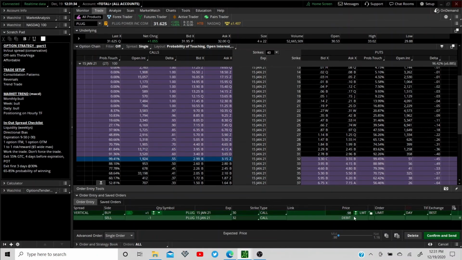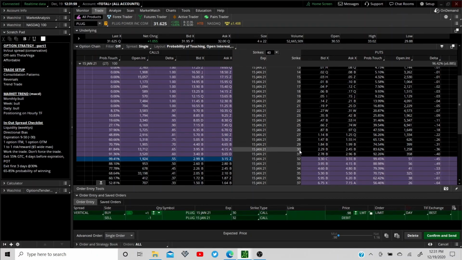That's right in our price area of 98 cents. That's perfect. At least for a $2 wide spread, we don't want to pay anything over $1.05. Otherwise, our risk reward is getting offset. So right at around $1 is perfect.